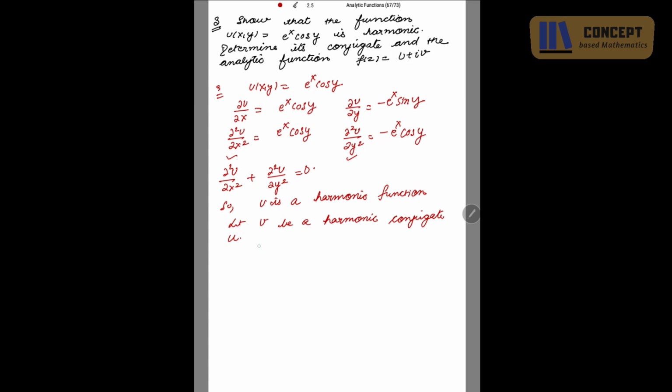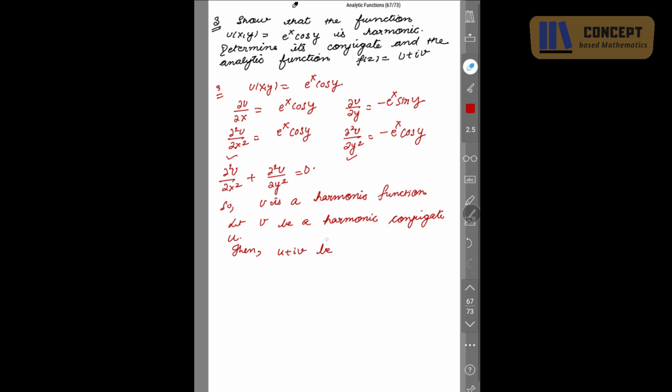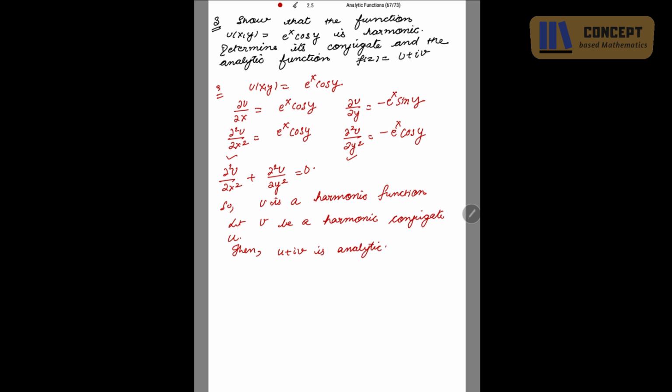Then u plus iota v will be analytic. This is analytic because if f(z) is analytic, then u and v are both automatically harmonic. Now here v is a harmonic conjugate of u, so u plus iota v is analytic. Okay.